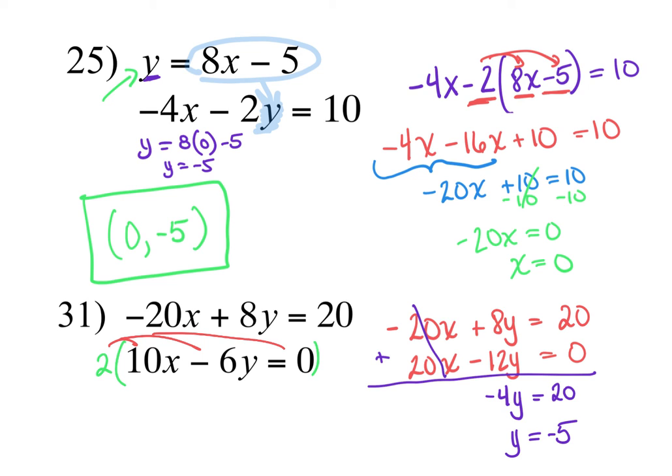All right, so I have part of it. I have my y. Once you have a y, just plug it back in to get x. You can use either one. I'm going to use the second equation here. So 10 times x minus 6 times my -5 equals 0. 10x, -6 and -5 give me +30.